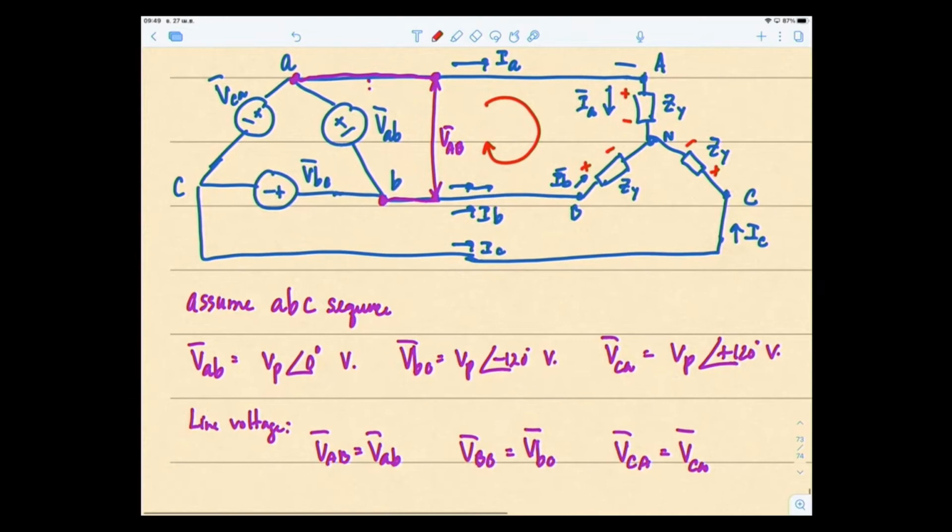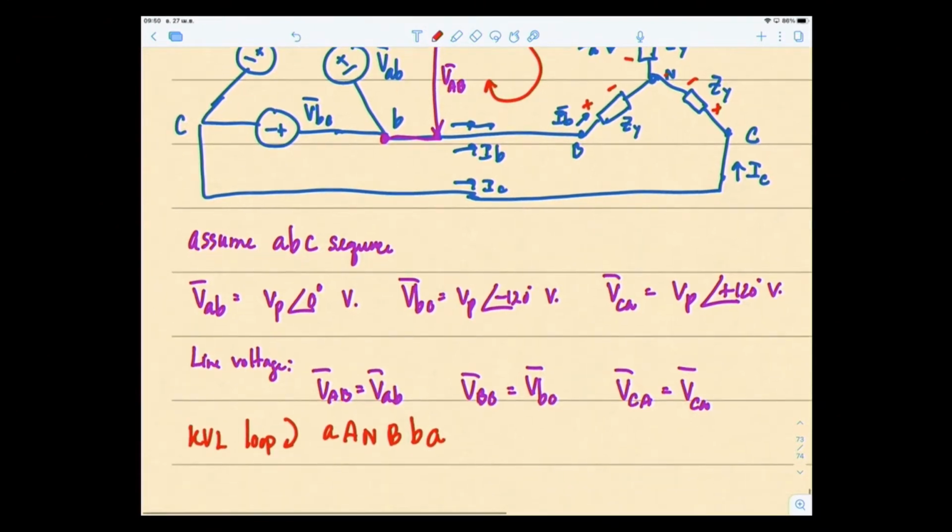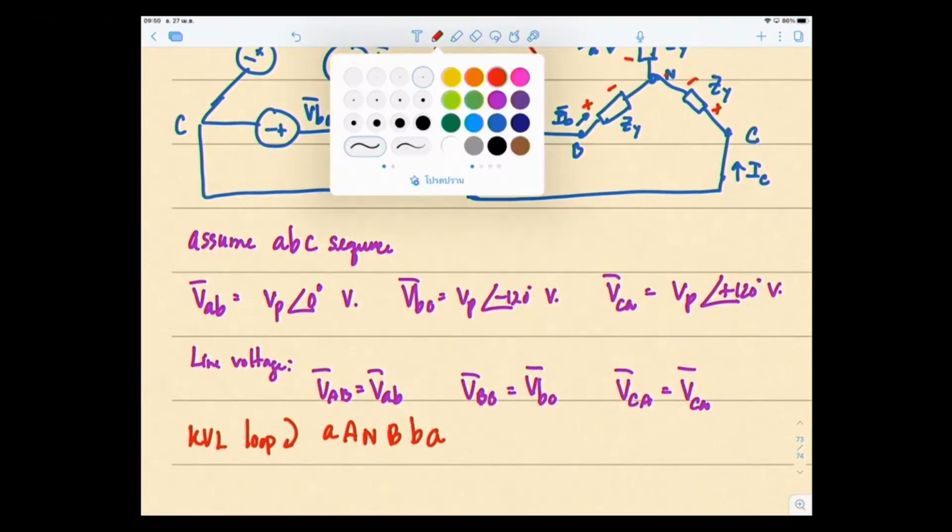So we're going to write down KVL for the loop: A, and then down to the neutral point and down to B and then back to A. So this loop right here. So write KVL according to that loop.